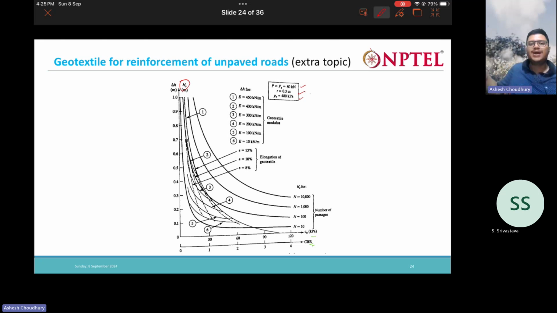H is equal to H naught minus delta H, where delta H is nothing but the reduction of depth when we use a geotextile reinforcement. That we can directly get from this graph.